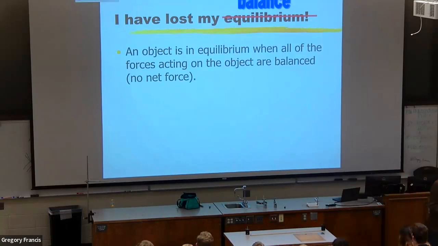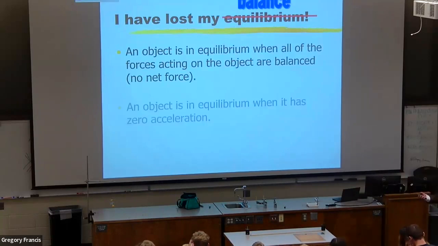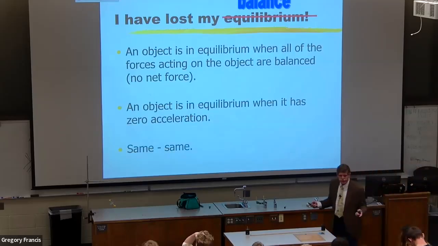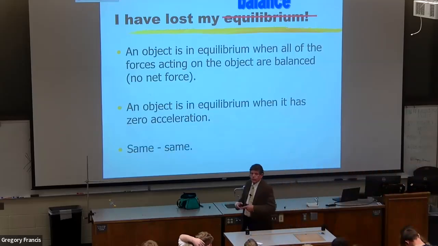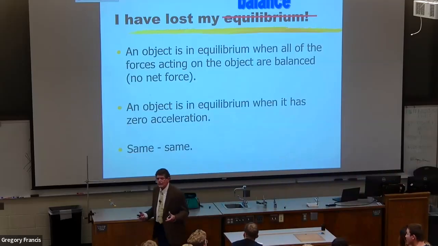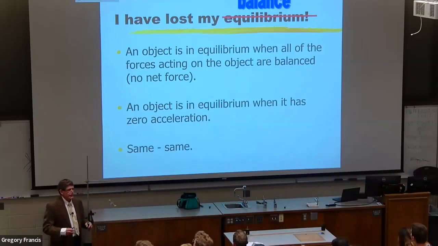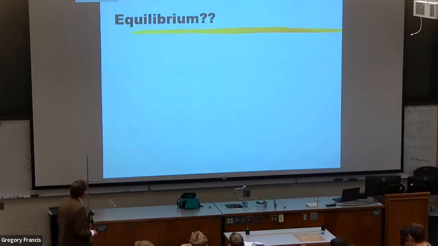Zero net force. Another definition is something's in equilibrium if it has zero acceleration. And I hope that you see that by Newton's second law, those are exactly the same thing. Now, if you're building a house, you don't want it to have an acceleration, okay? And so that's why you solve a lot of equilibrium problems as an engineer or an architect.